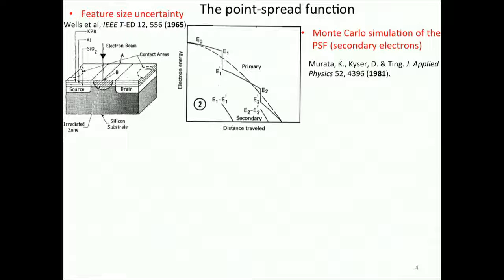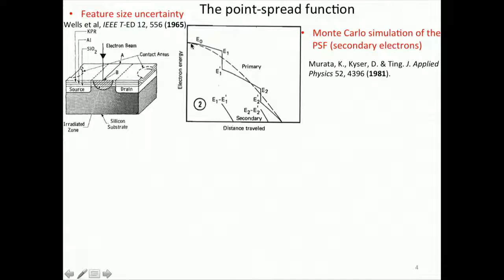If you go forward, there was some interesting work on simulating the point spread function, which is the energy density deposited in the resist. In this work from Murata and Kaiser, we see that they modeled the electron energy as a function of distance traveled.